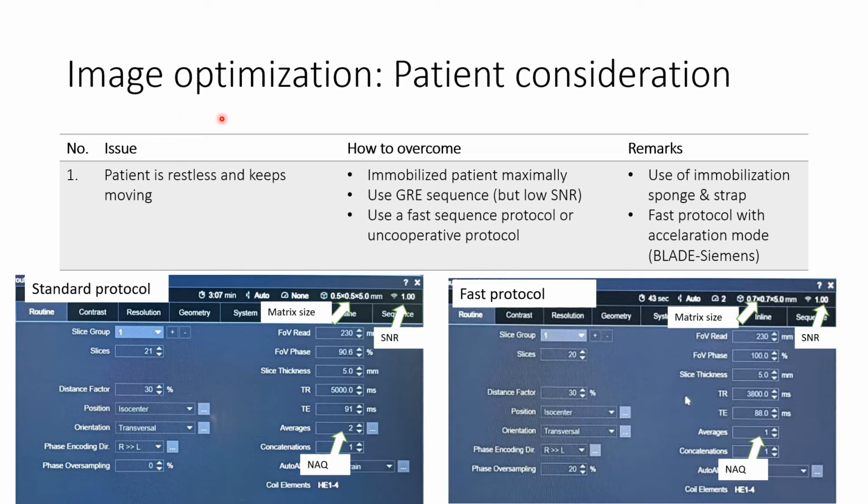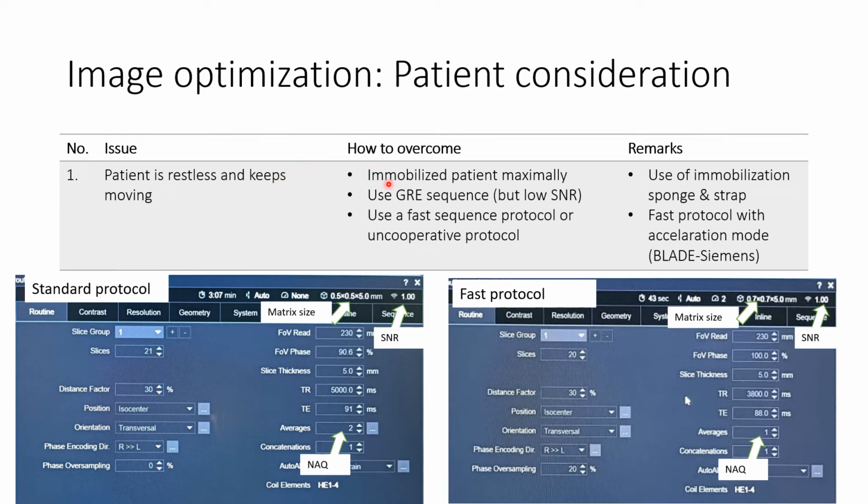Therefore, I will highlight the most frequent events in the MRI brain, patient issues and also artifacts, at our center for the MRI brain scan. The issue is a patient who is restless and keeps moving during the brain scan. So how do we overcome that?